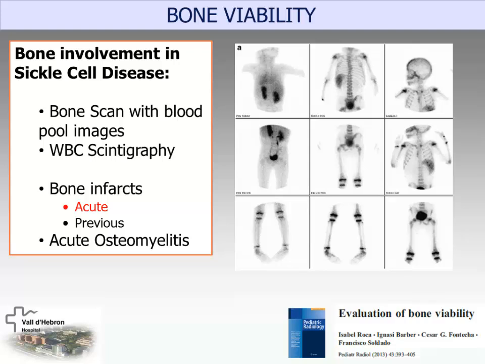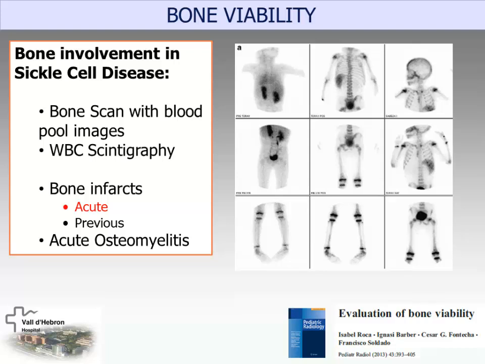And also I have one beautiful case about sickle cell disease. In these cases, we perform the bone scan with whole body blood pool images in order to detect the areas of inflammation, and sometimes we perform white blood cell scintigraphy.